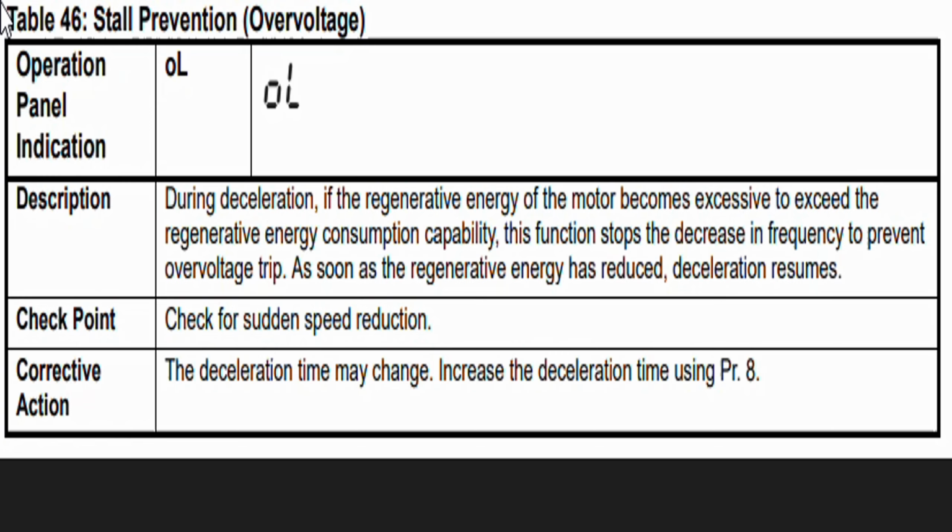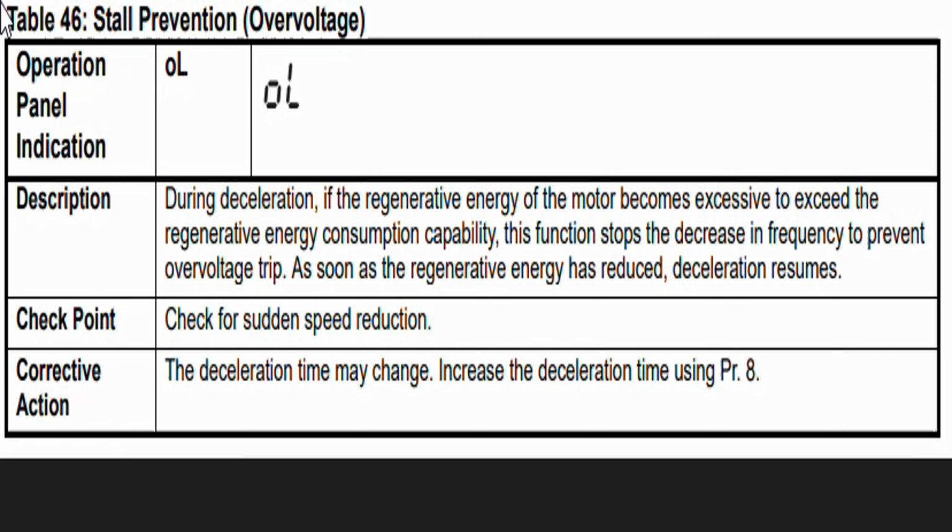That's called over voltage, and the error code is OL. It's called a preventive alarm. During deceleration, if the regenerative energy of the motor exceeds the regenerative energy consumption capacity, this function stops the decrease in frequency to prevent a voltage trip.